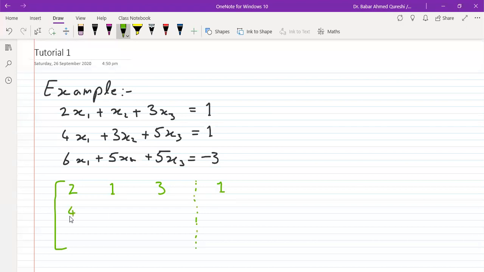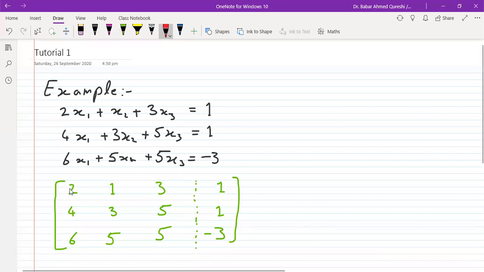So that was the first row corresponding to the first equation. This is the second row, which corresponds to the second equation. And this is the third. Now, what we need to do is start with this. This is our first element, the pivot, and make everything below it 0.